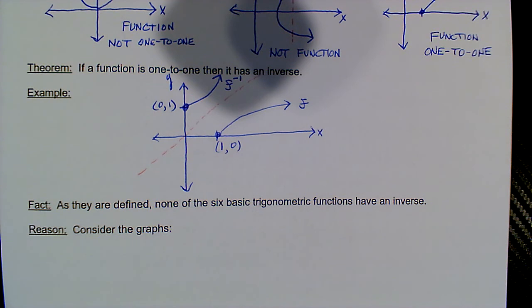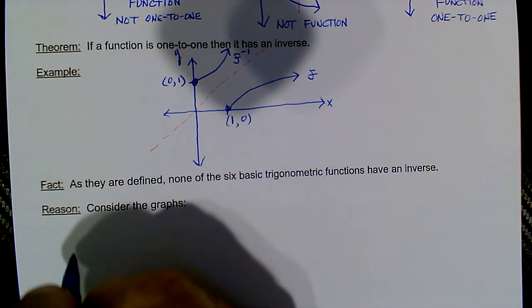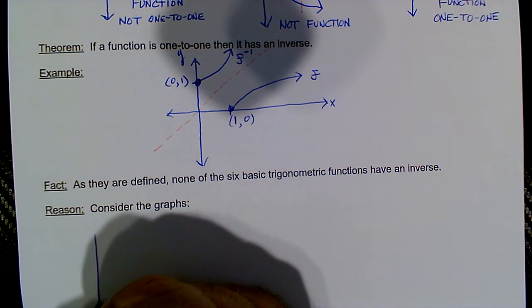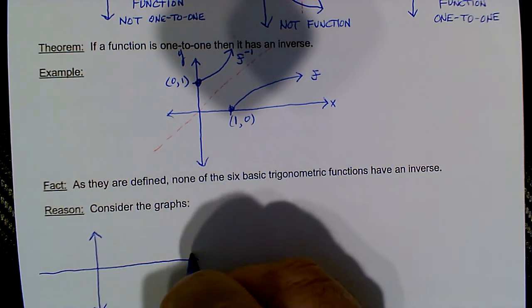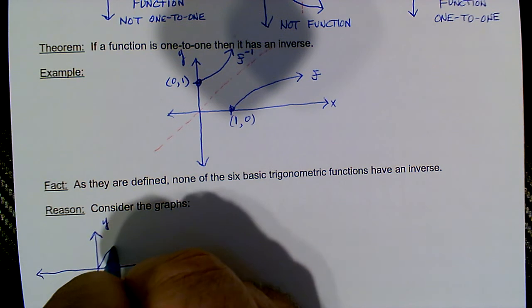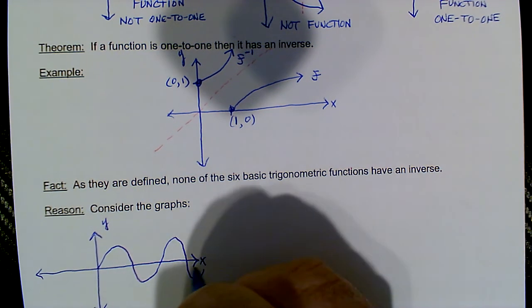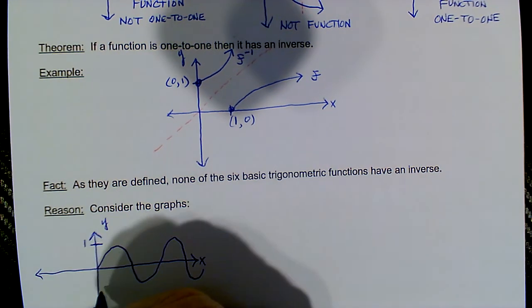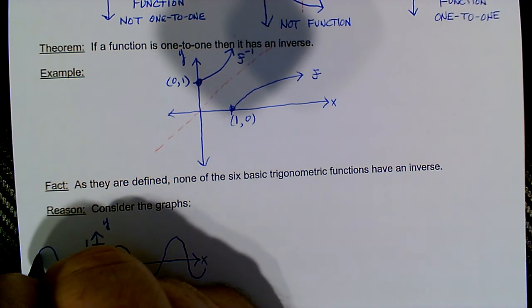The reason why we say as they're defined, the trig functions don't have inverses is because of their graphs. Consider, for example, the sine of x. Just a rough graph. Sine oscillates between 1 and -1, and goes on and on forever in either direction.